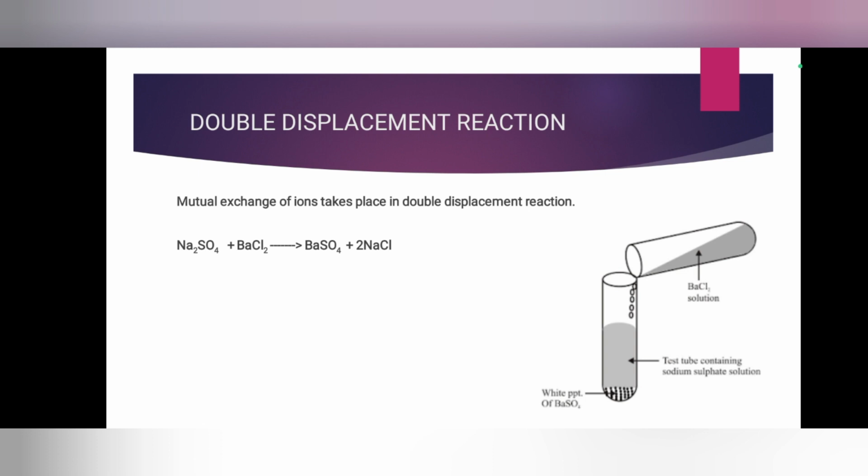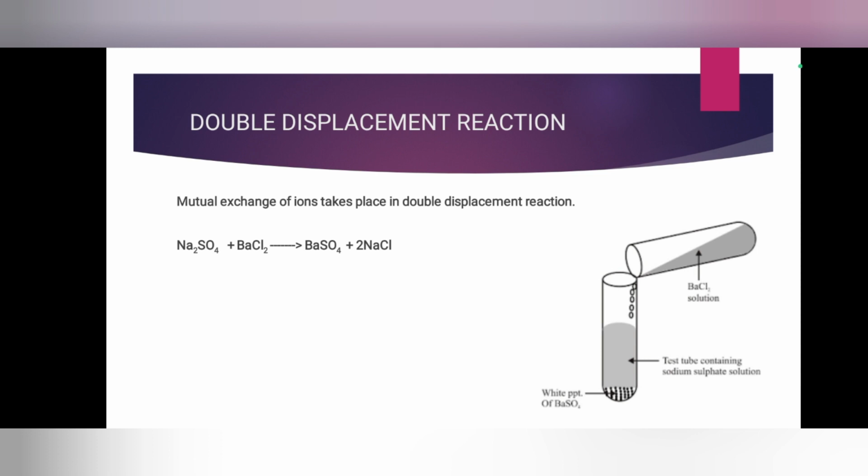When we mix them with water, they become colorless. When we mix these together, sodium sulfate reacts with barium chloride to form barium sulfate, which is a thick white colored precipitate, along with the production of sodium chloride.